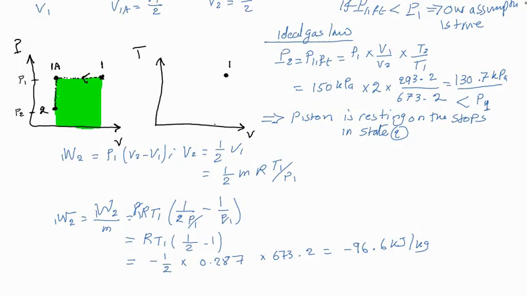So both the volume and the temperature were dropping, and that's why we could end up with some sort of a linear relation until reaching state 1A. Now here at 1A, where the piston reaches the stops, the volume is constant, but the temperature kept dropping. So we can express the process as such.